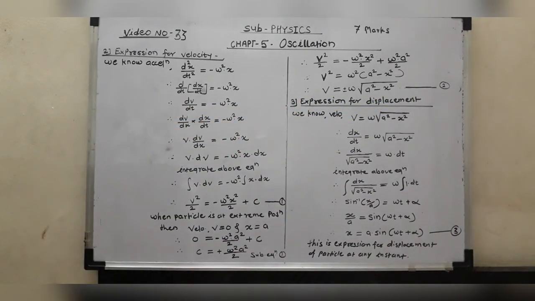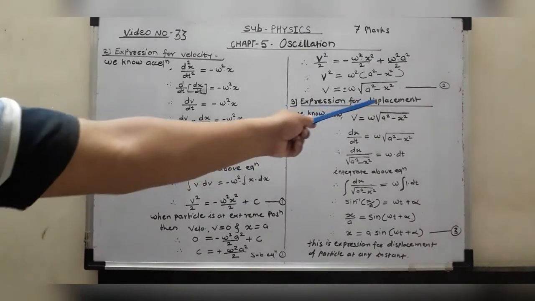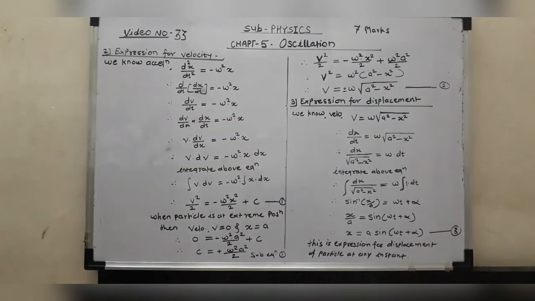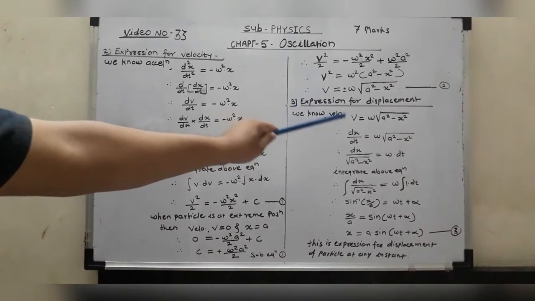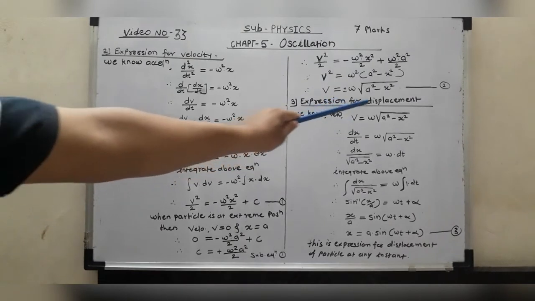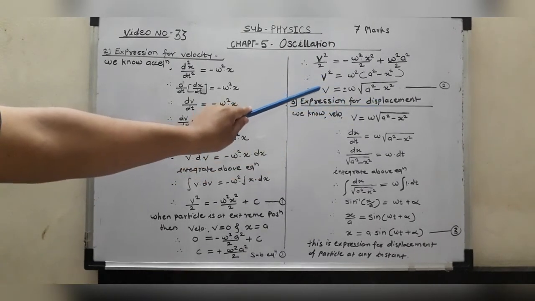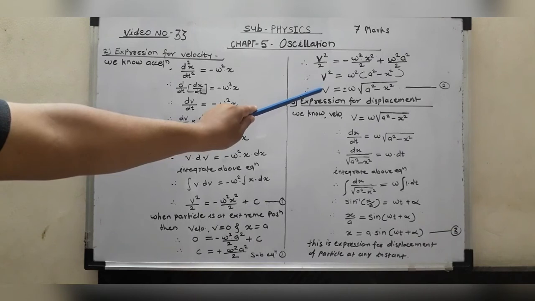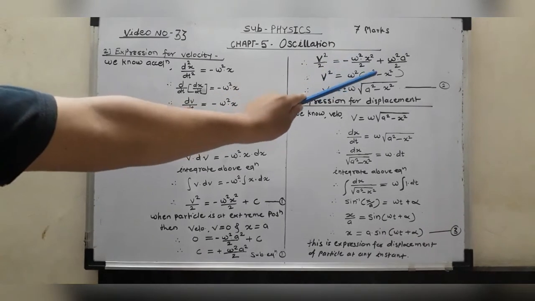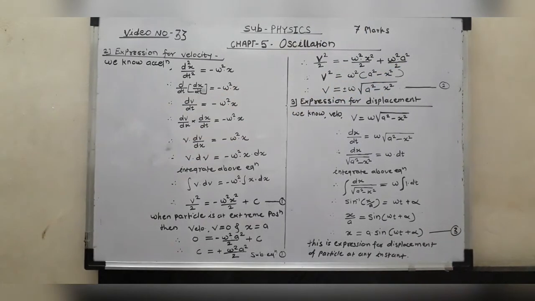To find the expression for displacement, we remember that the velocity of a particle performing SHM is given by v is equal to omega under root A square minus x square.